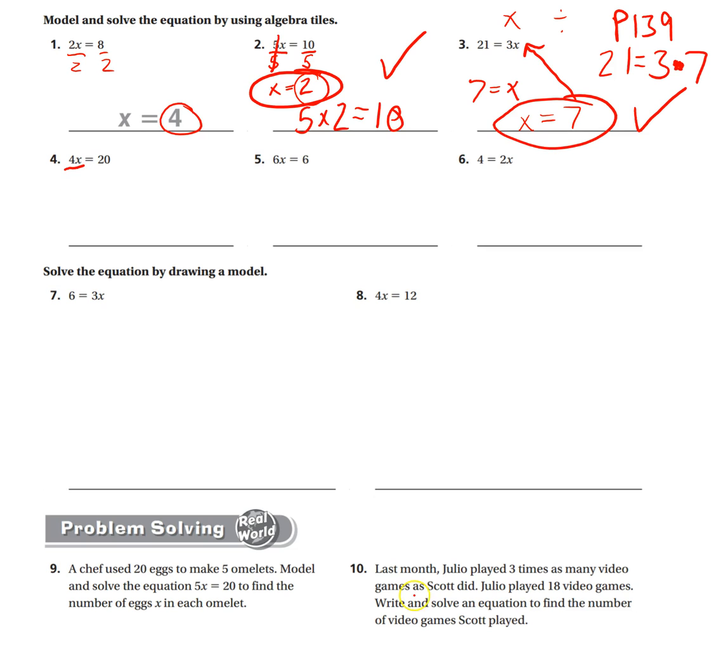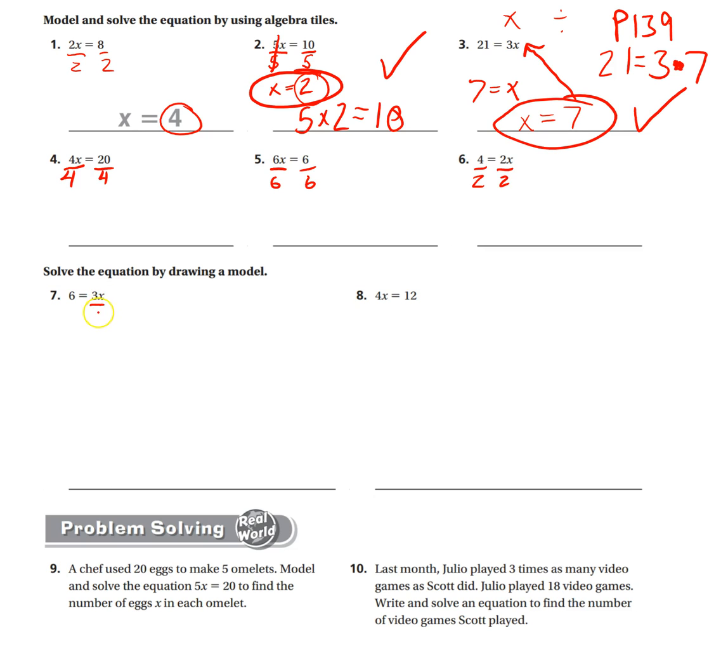Okay, I'm going to set the rest of them up, but I'm going to let you solve. This one, you're going to divide both sides by 4. On this one, the coefficient is 6, so you're going to divide both sides by 6. On this one, the coefficient is 2, so you're going to divide both sides by 2. Okay, same thing down here. I will show you the models on these two because it does ask for the models.